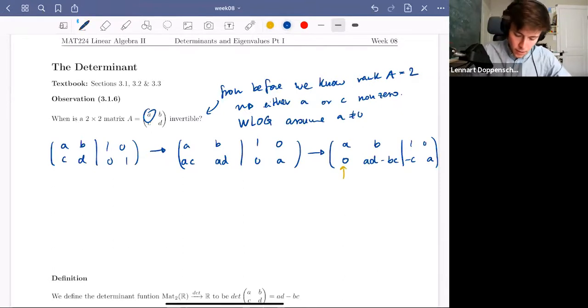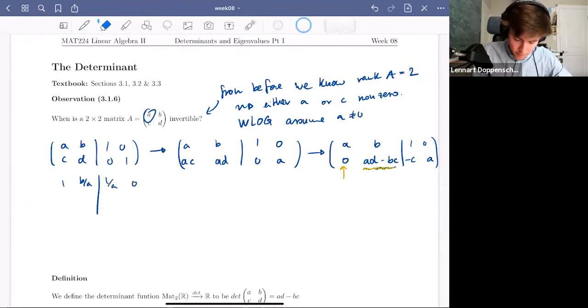And now if you continue, it's helpful to divide the first row by A and the second row by whatever this thing is, so that we already have ones on the diagonal. Let me do this in one step. So we have 1, B over A, 1 over A, and 0.